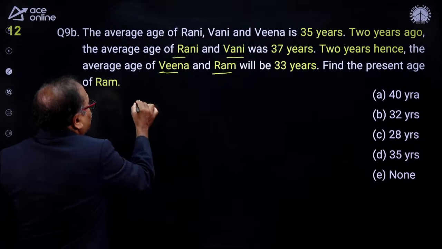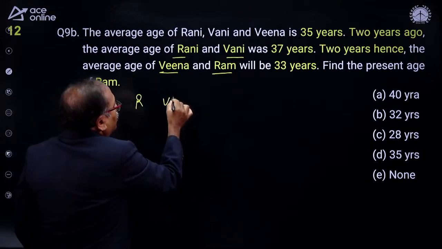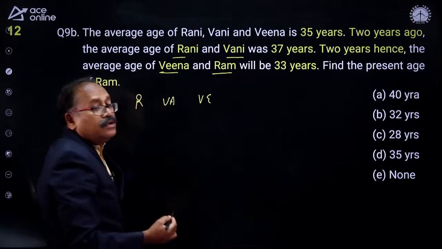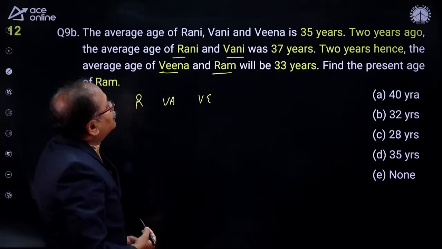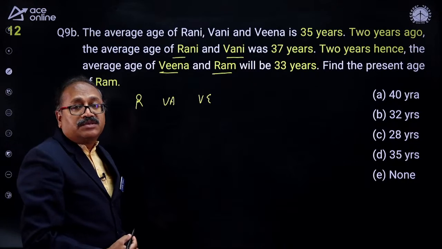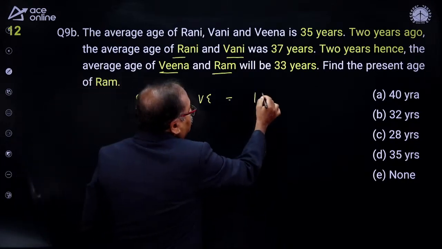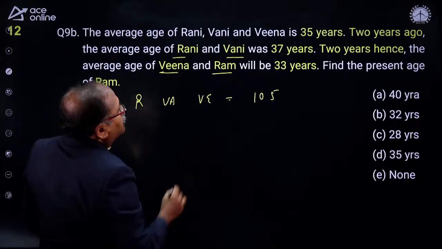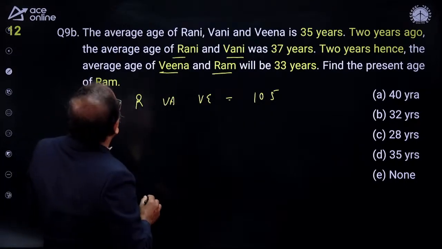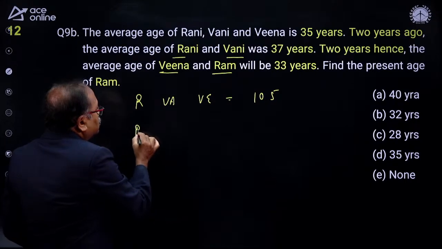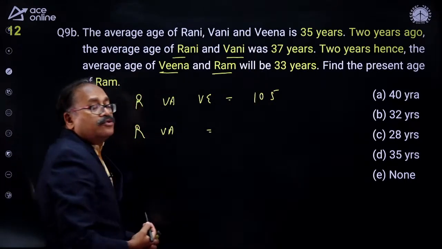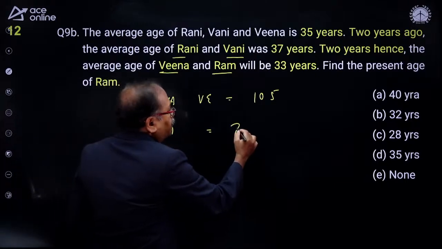So Ram I will take R, Vani I will take VA, and Veena I will take VE, and the total is 35 into 3, that is 105. 105 is the total. Now Ram and Vani average age is 37, so the total age will be 74.